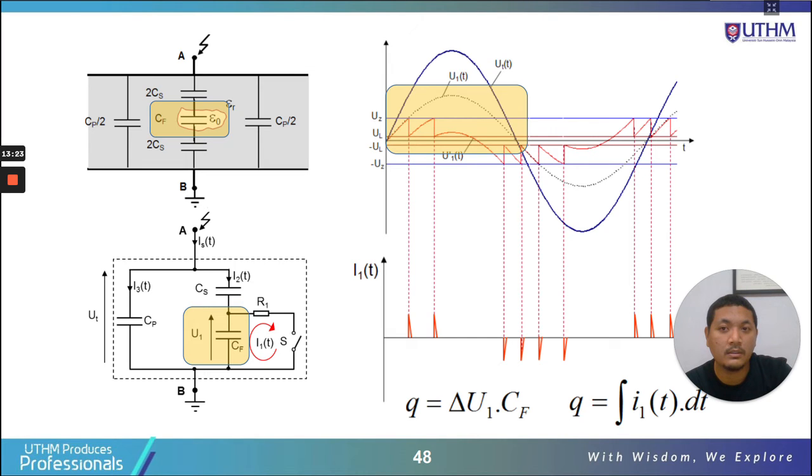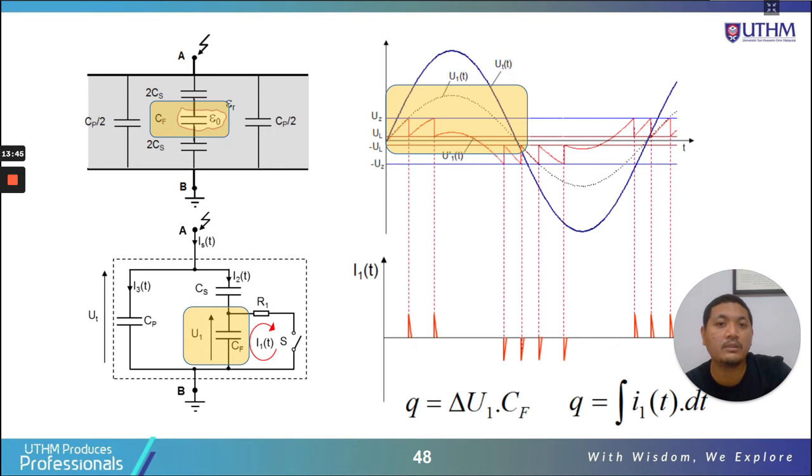The amplitude of u1 is much smaller than ut, so it is a part of u total.